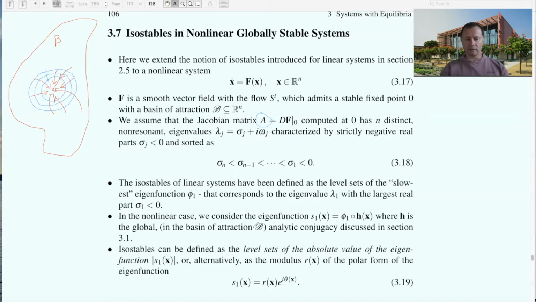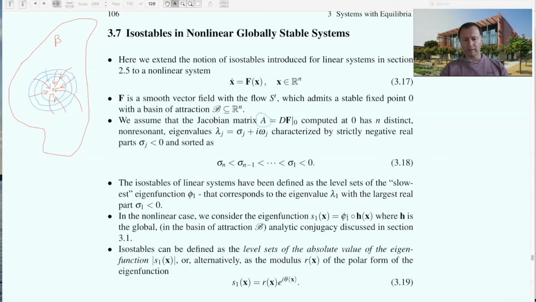So in the linear case, we took the slowest eigenfunction phi_1 and we looked at its level sets and called those isostables. We're going to do something very similar here. We're going to use the fact that under the non-resonancy condition, we have a nice analytic conjugacy in the basin of attraction.